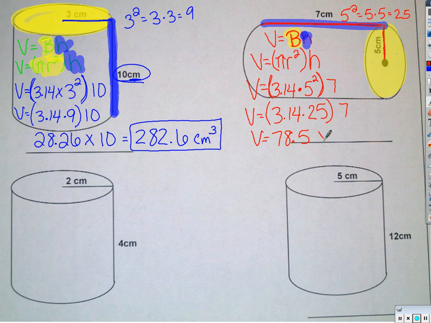And then I need to multiply that by 7. So my volume here is going to be 549.5 centimeters cubed.